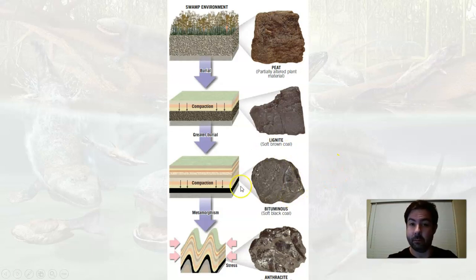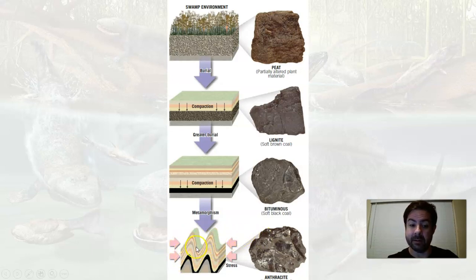This is a lot of what we mine here in the United States, North America. And then in the rare case, with a little bit more heat and pressure, if we metamorphose that bituminous coal, which is a sedimentary rock, we actually get a metamorphic rock called anthracite, anthracitic coal, which is very high-grade coal, kind of rare to come by.